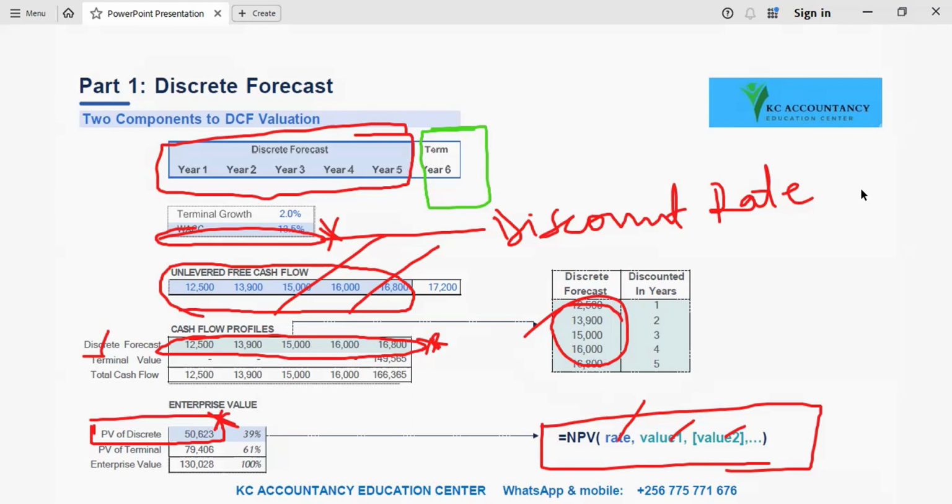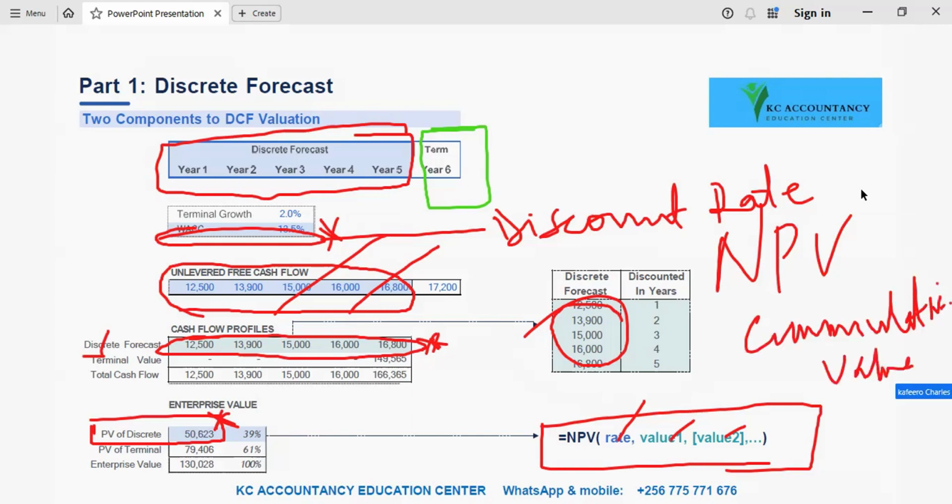The NPV gives a cumulative value, which is the present value you are seeing here. If you discount all these values and sum the discounted figures, you get around $50,000.